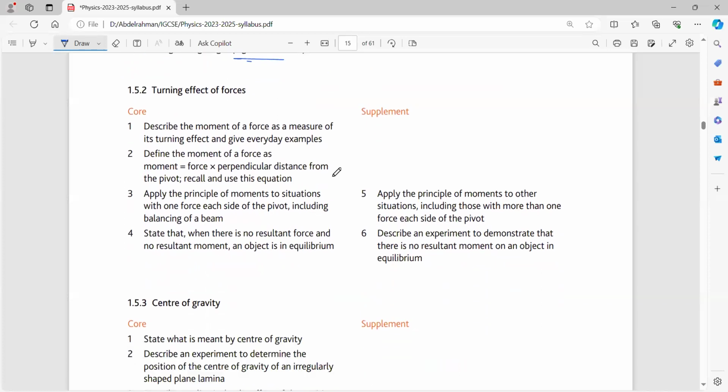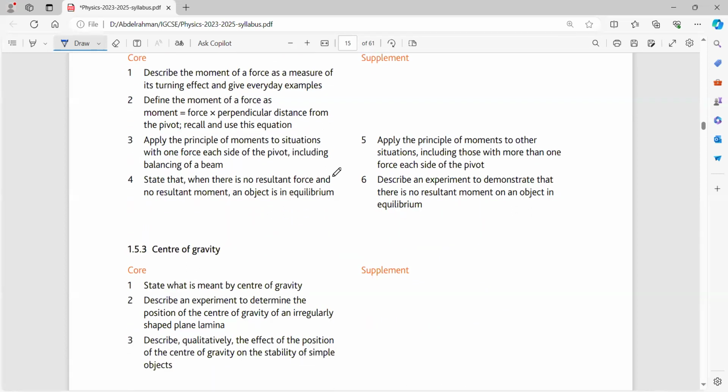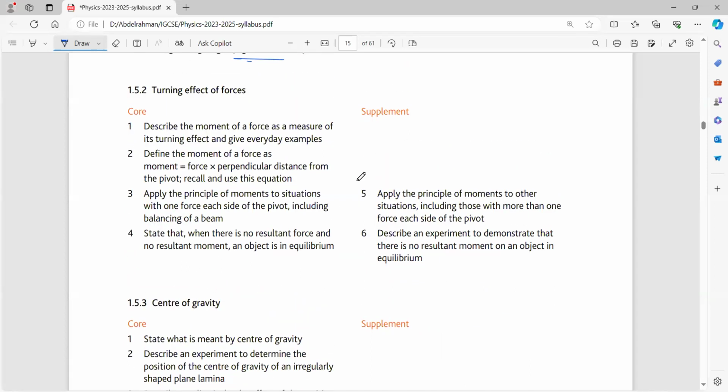Next point, we talked about the moment. Moment is the turning effect of a force. Describe the moment of a force as a measure of its turning effect. Define what is moment. It is the turning effect of a force about a pivot, for example.